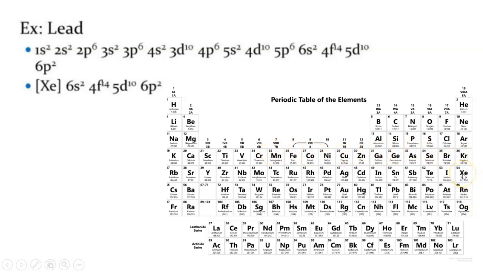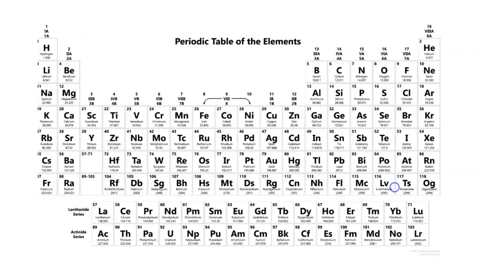So you put that in brackets, then you have your 6s2, then you're going to have your 4f14, then your 5d10, and then your 6p2, and there's lead. That's how we find that on a chart, if you will.